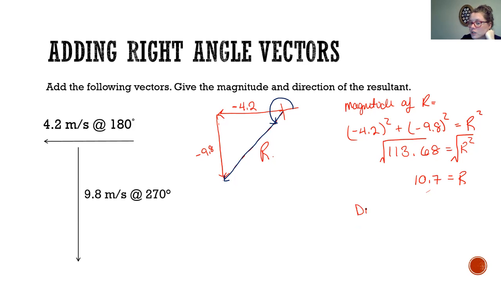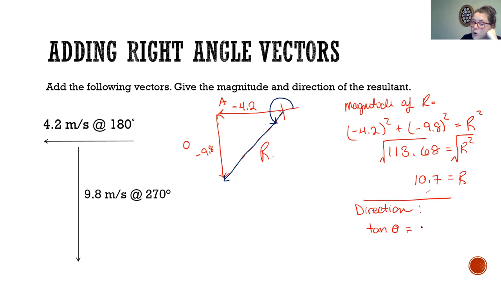Now the direction. Well, we're using tan again. So if we use tan, there's my angle. This is the triangle. I need to know this piece in order to figure out the whole piece. So opposite and adjacent.